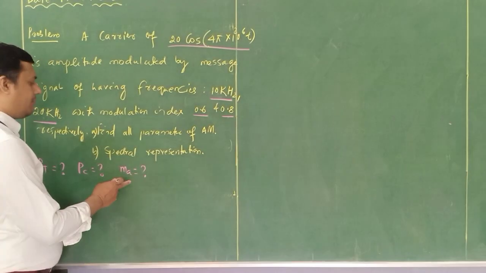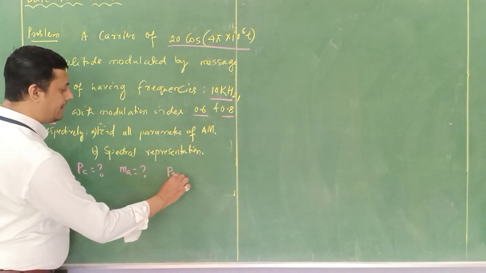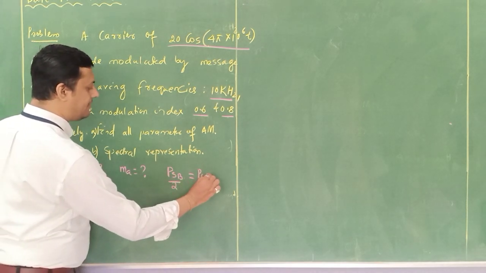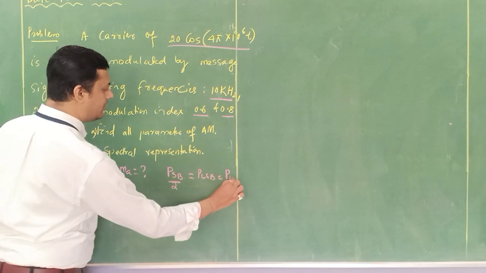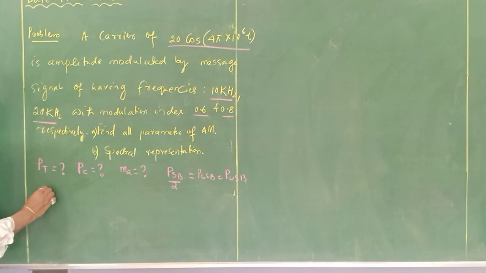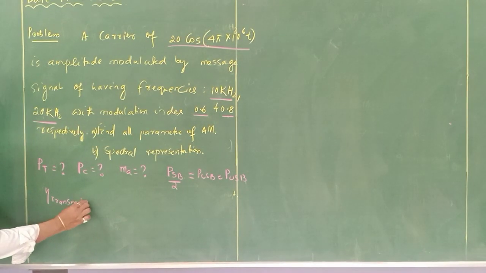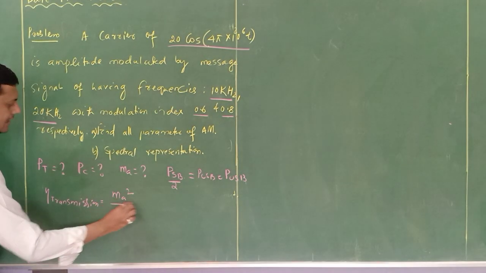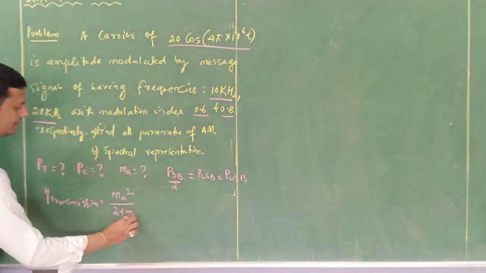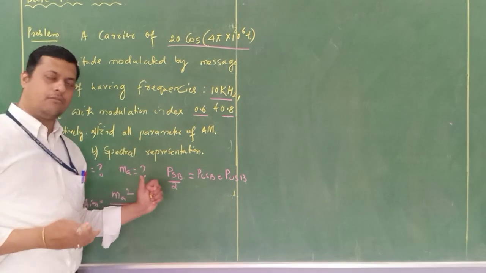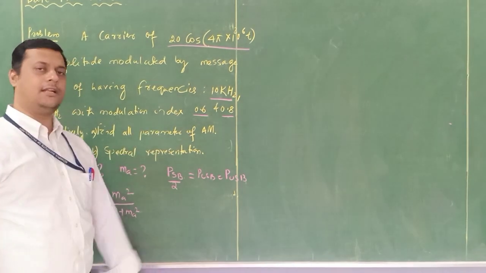After determination of modulation index, you have to determine the sideband power, upper sideband and lower sideband, along with the efficiency of transmission. Efficiency of transmission equals MA square divided by 2 plus MA square. So these are the fundamental parameters which we are going to calculate for this particular signal.